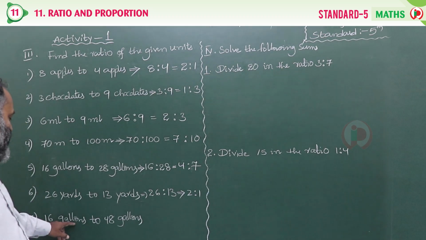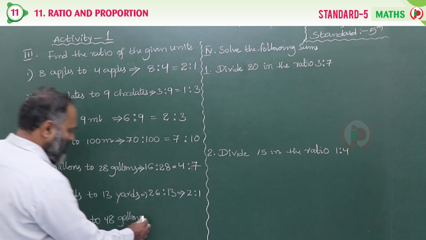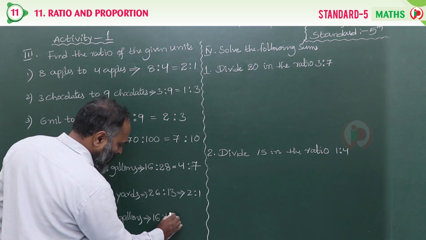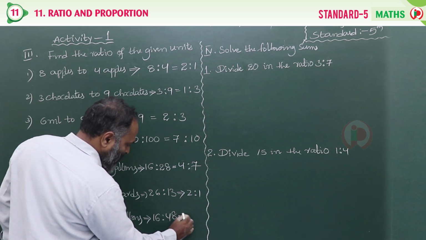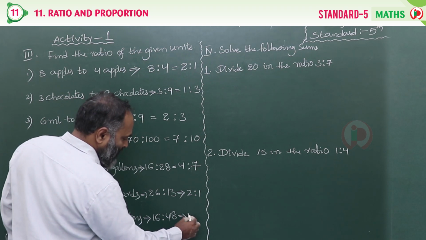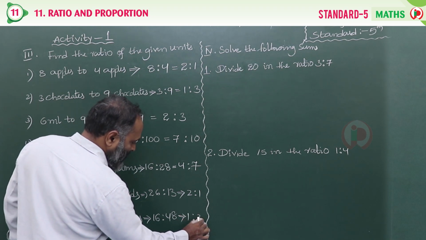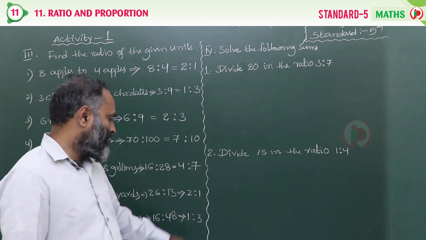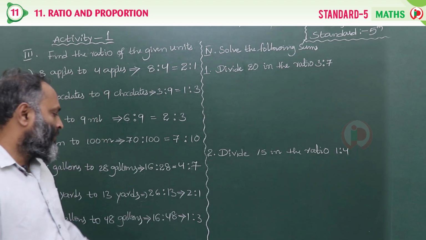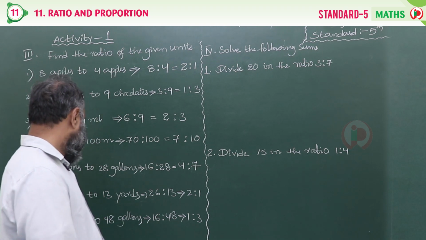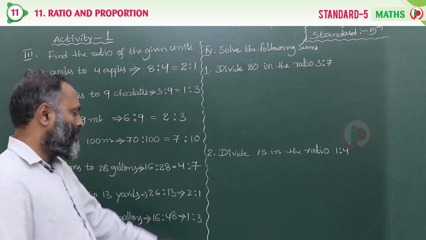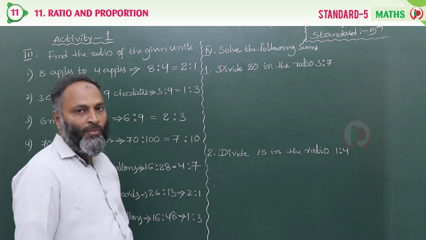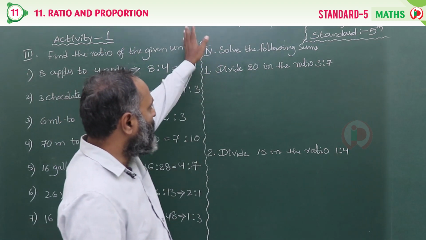Now 16 gallons to 48 gallons, that is 16 is to 48. 16 1s are 16, 16 3s are 48, so 1 is to 3. So these are all the ratios.